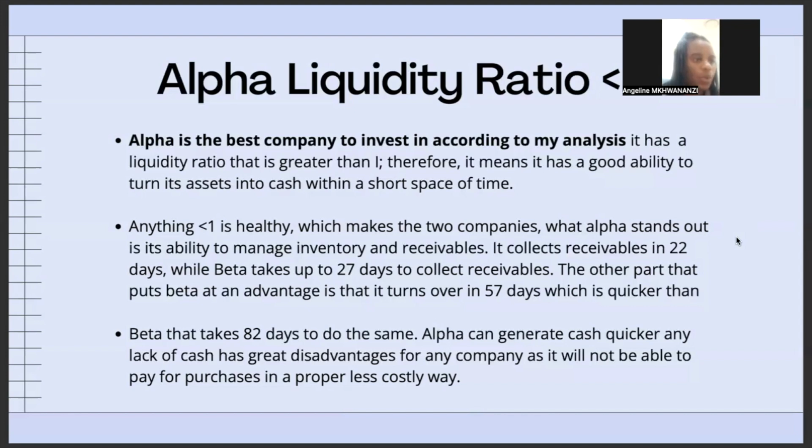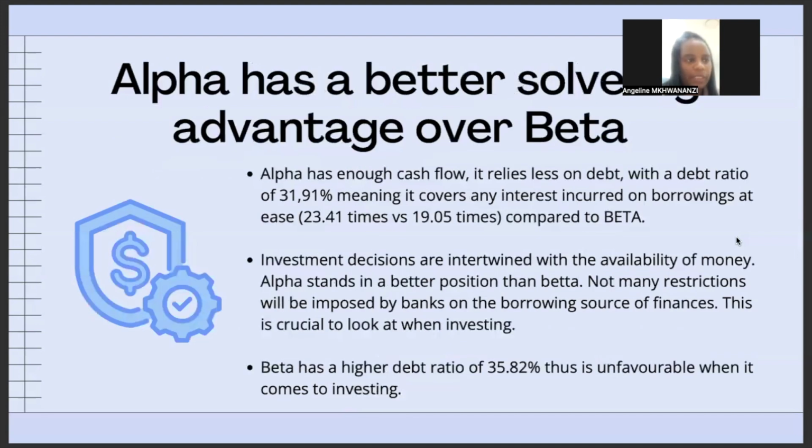Going to the next slide, we're looking at the solvency advantage. It shows that Alpha has less debt. It doesn't rely much on borrowings, and Beta company shows that it relies more on borrowings.